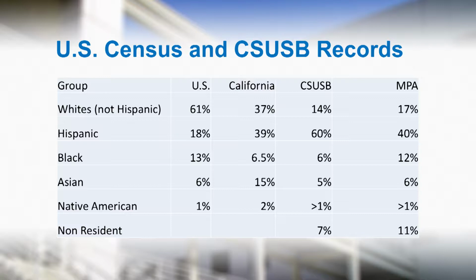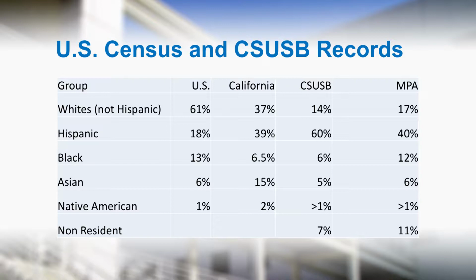In California, now remember what the U.S. is, 39% are Hispanic, only 37% are white alone, 15% Asian, 6.5% black, and 2% Native. And then looking at CSUSB, Hispanics are around 60% of the student body, whites are around 14%, black 6%, Asians 5%, and 15% unknown or other.